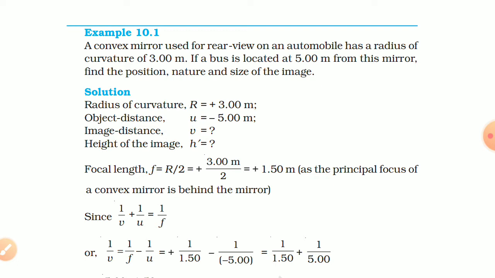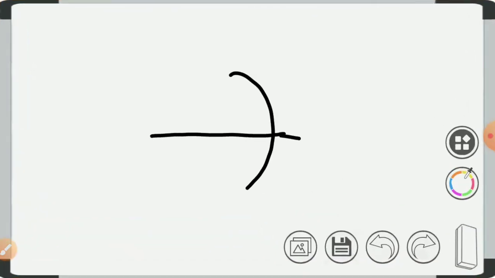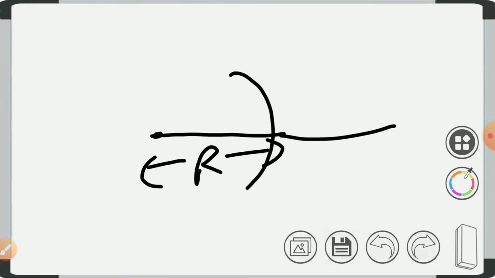First of all, radius is not a vector quantity which requires any direction, it is a scalar quantity. So radius has no sign, whether it is plus or minus, both will be the same. For example, this is our radius of curvature till this, and this is also our radius of curvature till this.